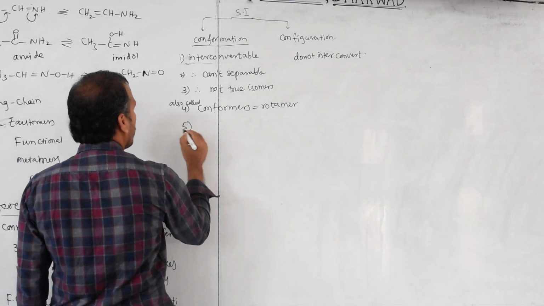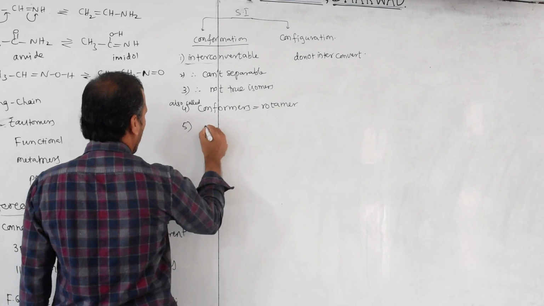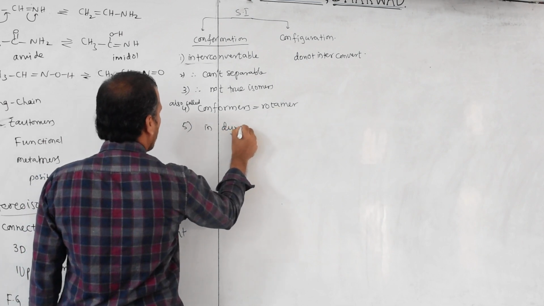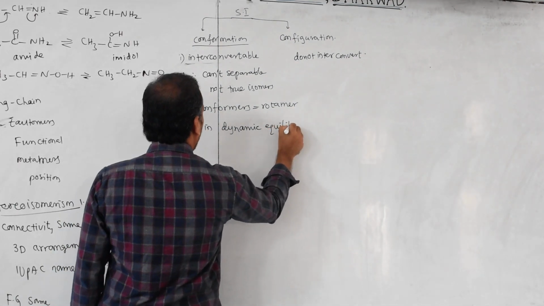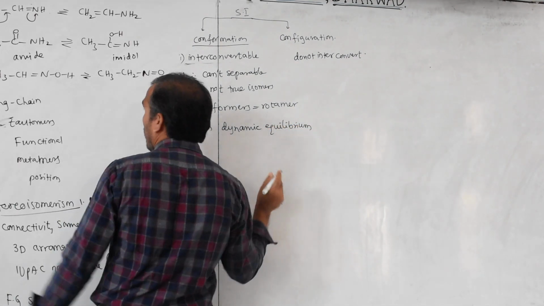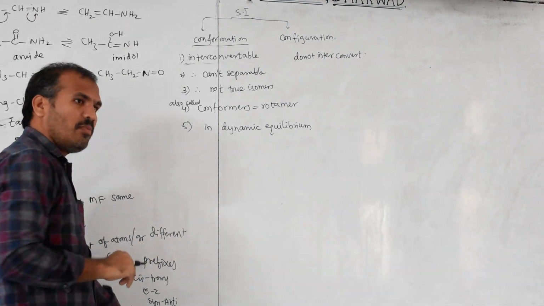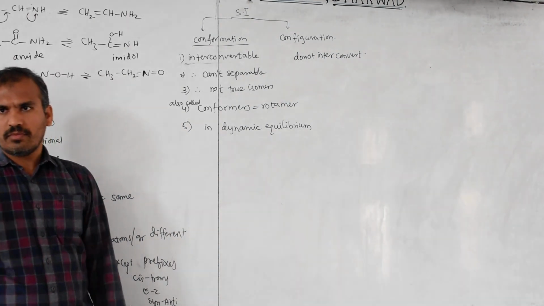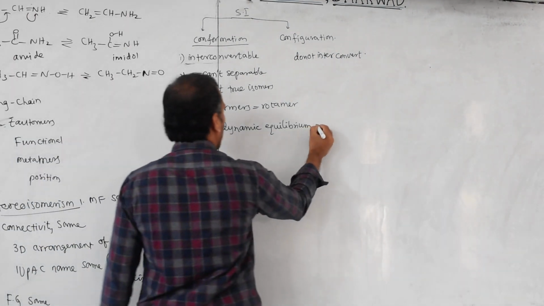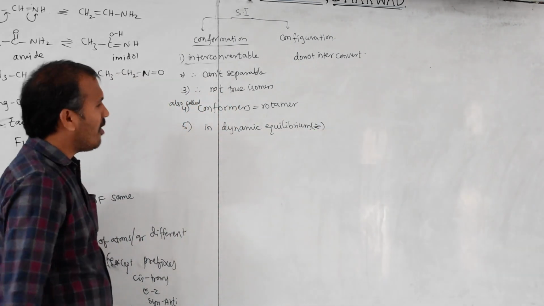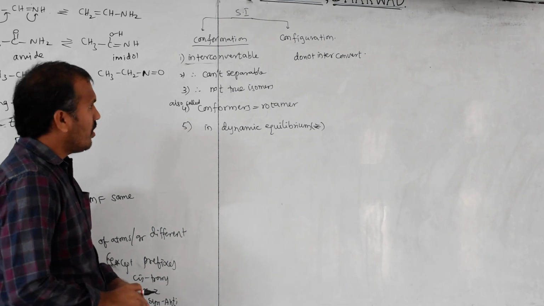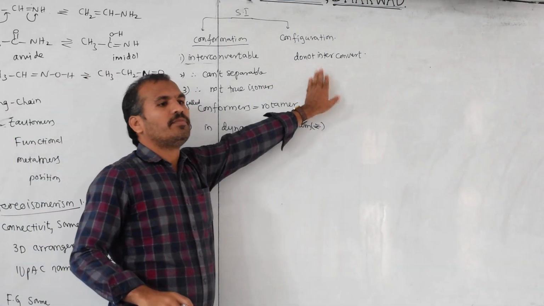And fifth point, these conformers are in dynamic equilibrium. Here tautomers are also in equilibrium, but they can be separated. What about the equilibrium symbol? You know that they are in dynamic equilibrium. This part I will discuss later.